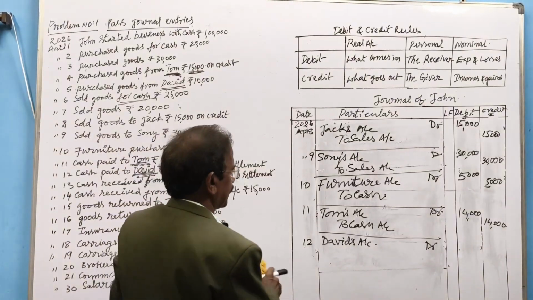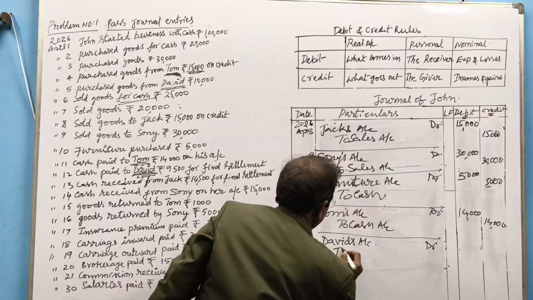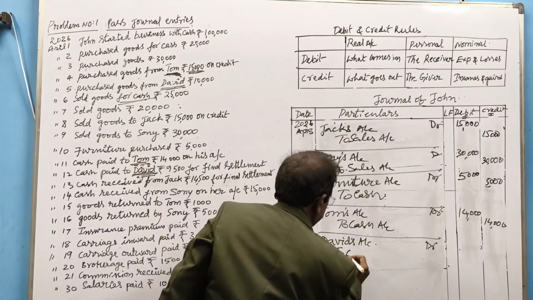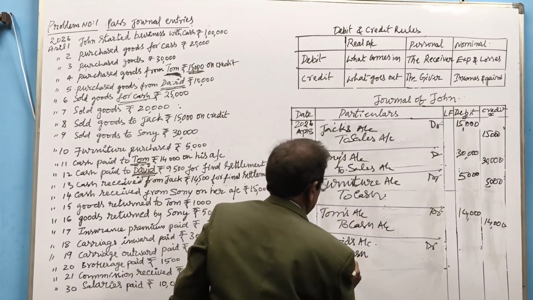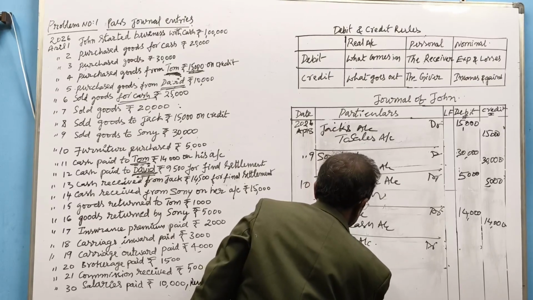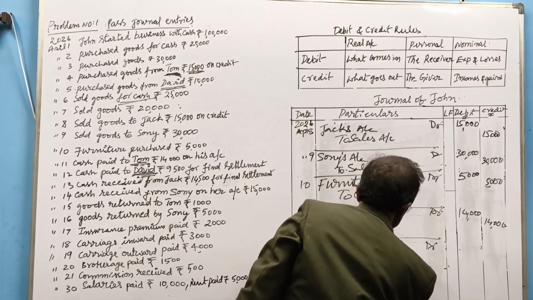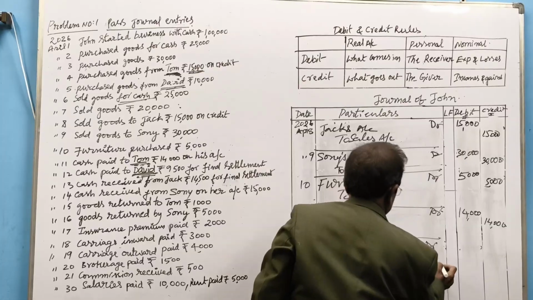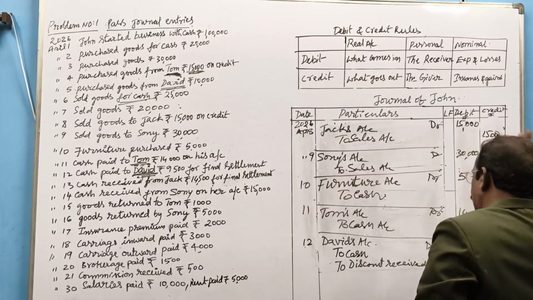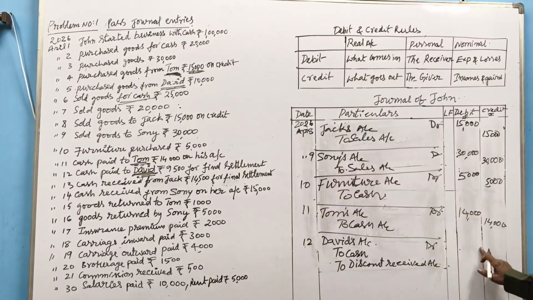How we have to write here? We should write like this: debit account debit, to cash account, to discount received account. How much cash we are paying? 9,500. Put in the credit column.